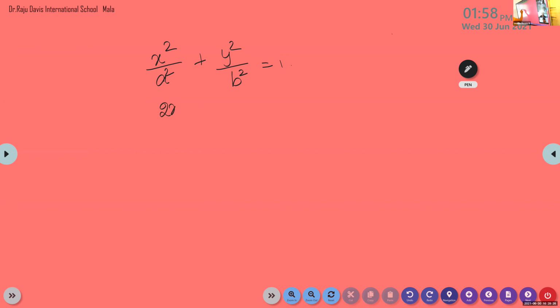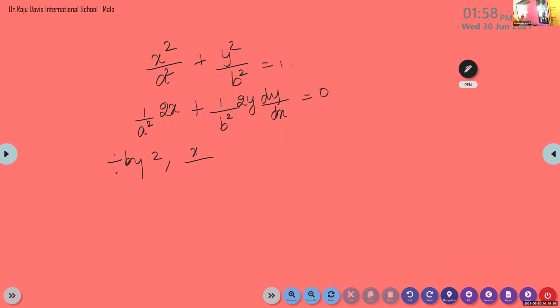What is derivative of x square? It is 2x. Here no need to go with quotient rule and all. 1 by a square is a constant. You can keep the constant as such. Plus 1 by b square, we can keep it as such. Find the derivative of y square. It is 2y dy by dx equal to 0. Now we can divide throughout by 2.